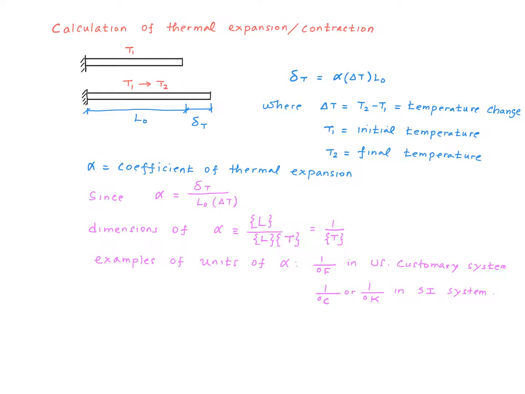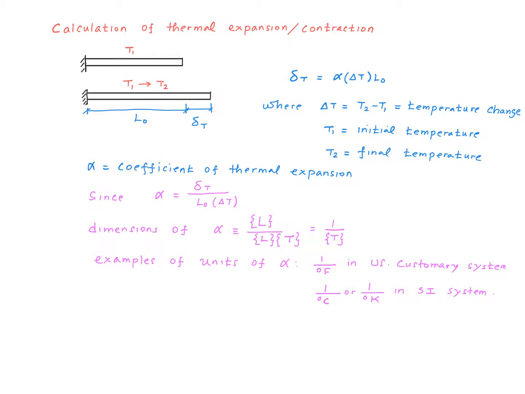Just to understand the units of alpha, let's go through this little analysis I have here. Rearrange this equation: alpha is delta L over L naught times delta T. If you work out the dimensions, delta L is the change in length, so it has a dimension of length. L naught is the initial length, so that also has a dimension of length. Delta T is the change in temperature, so it has a dimension of temperature.